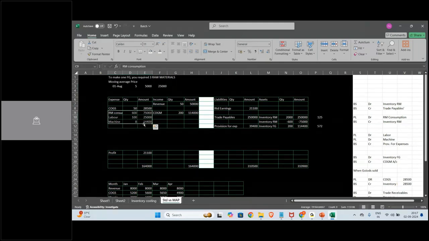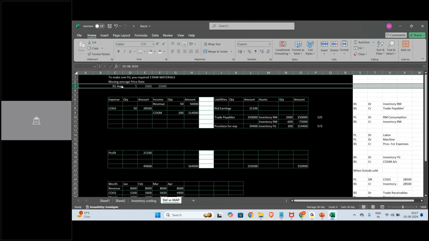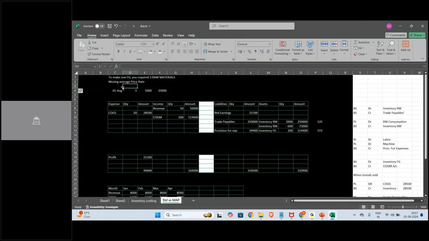If I buy each unit at this rate, this is the rate. Let me just put one more thing here. This is quantity, this is the rate, this is amount.